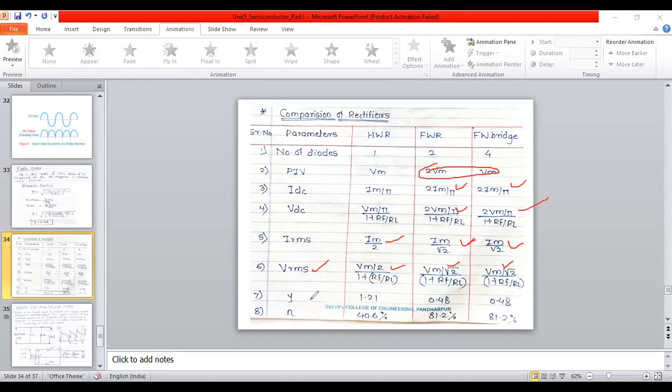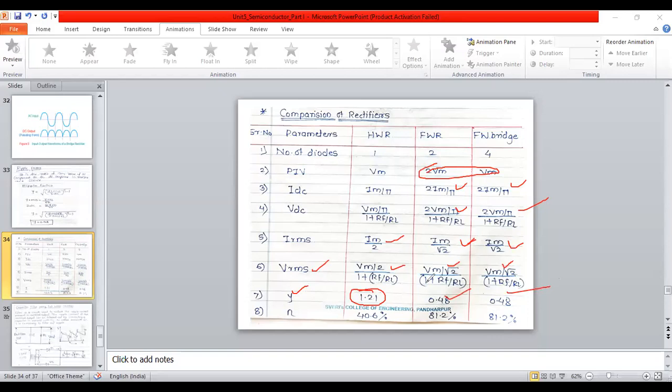Next, this one is nothing but the ripple factor. The ripple factor for the half wave rectifier, you have to remember, is 1.21. For the full wave rectifier it is 0.48. And the efficiency of the circuit is very important. The efficiency is nothing but output power divided by input power.